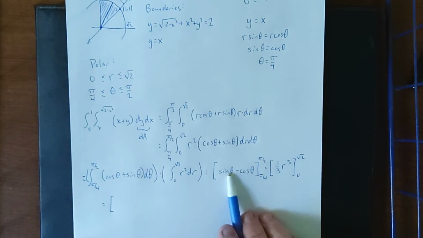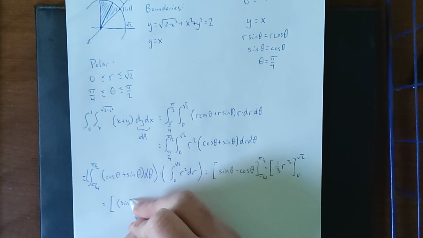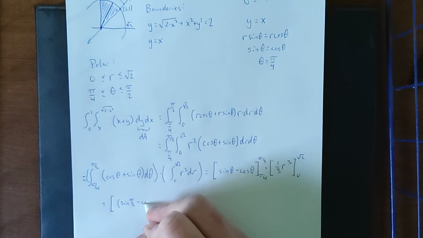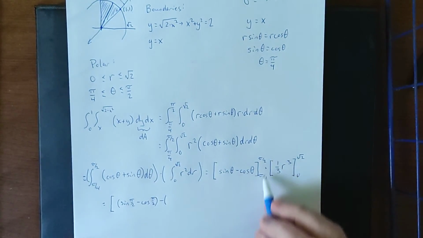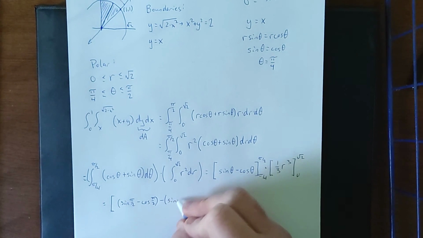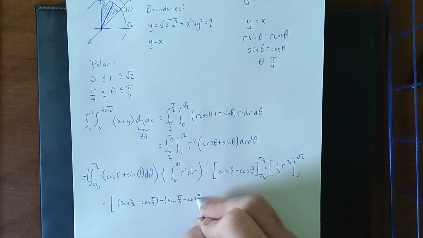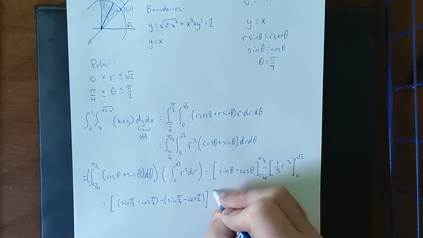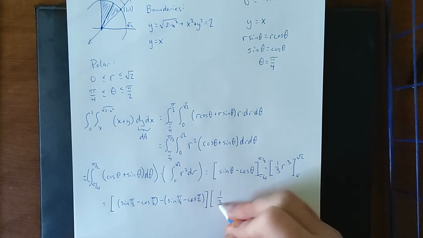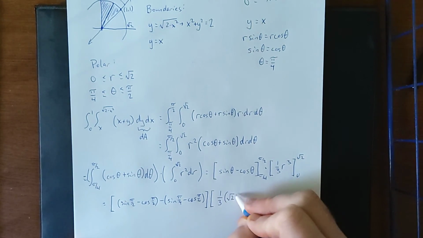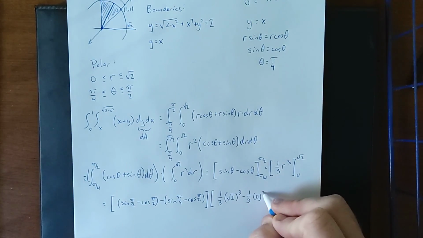The sine of pi over 2 minus the cosine of pi over 2, minus, and then plugging in the lower bound, sine of pi over 4 minus cosine of pi over 4. Then for r, we will have 1/3 of the square root of 2 cubed minus 1/3 of 0 cubed.